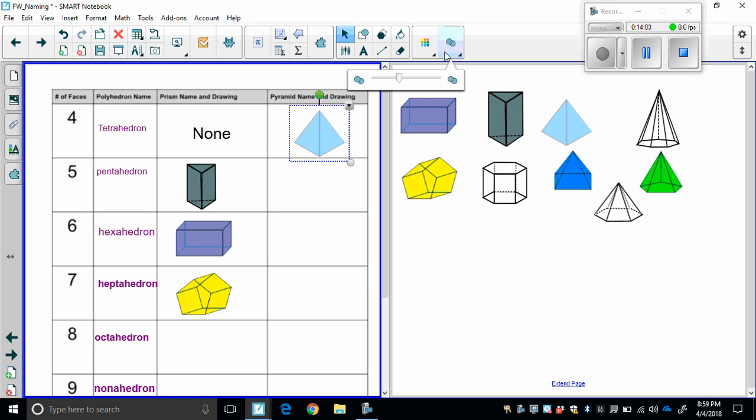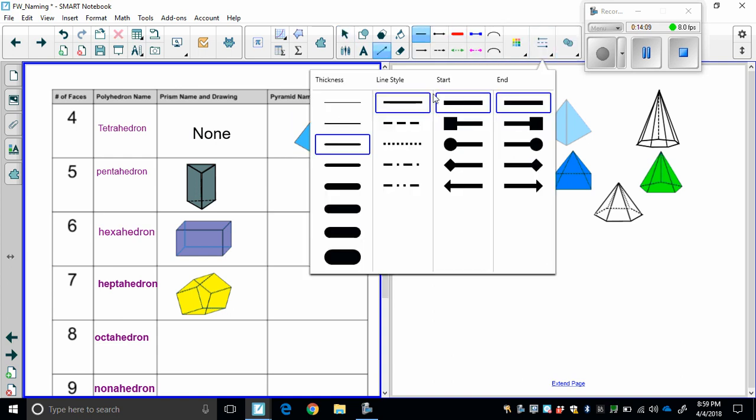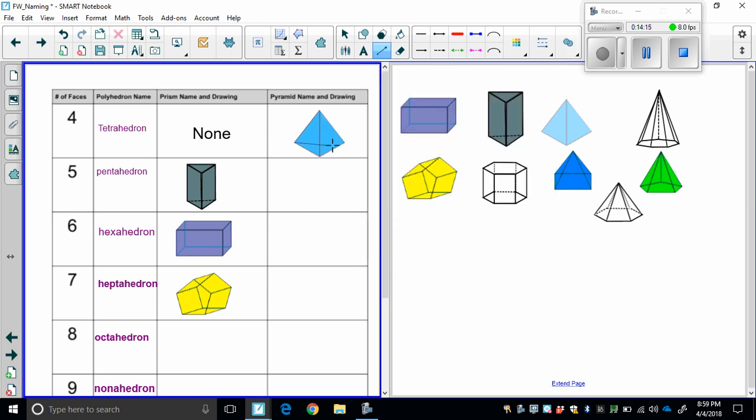It's a little hard to see that. See if you can sort of visualize that there would be a triangular base here. If I just take a dotted line and put it in for you, you could see there's a triangle base and then the 3 triangular lateral faces, altogether 4 sides. So that's a tetrahedron.